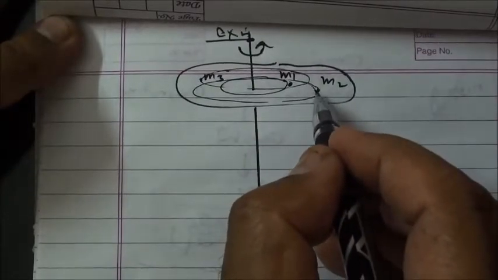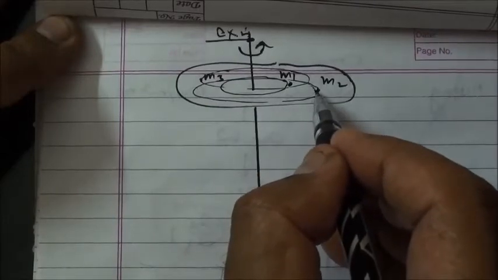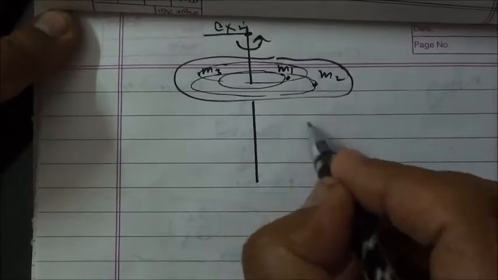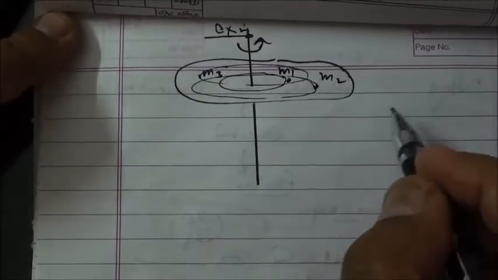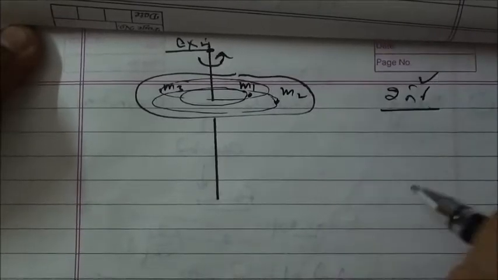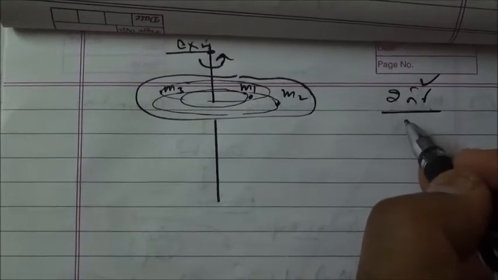If this particle starts one full cycle, after one cycle it will reach here, and this will reach here. So how much distance does each particle cover in one cycle? 2 pi r. R is different for each particle, so each particle is having different speed actually.